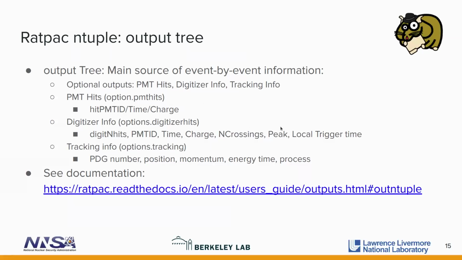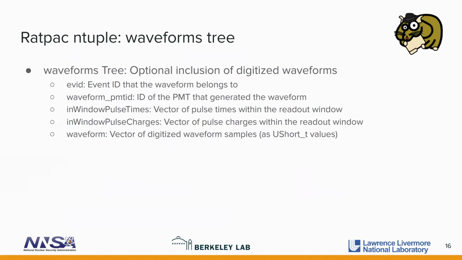You can have digitizer info saved as well as tracking info saved into the ntuple. And then finally, there's the waveforms tree, which is also optionally saved based on setting an option in the macro, which includes the digitized waveforms, the event IDs, and things like that. So it has pulse times and charges as well.